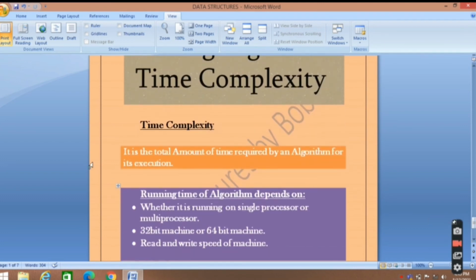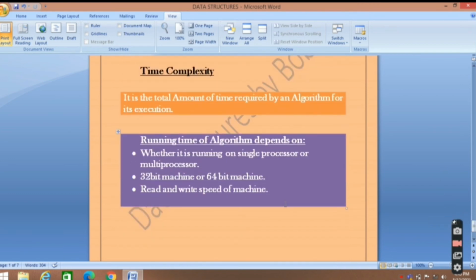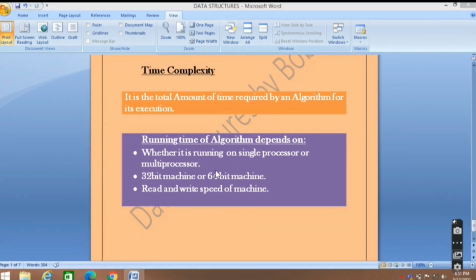Every algorithm's running time depends on the following things. They are whether it is running on a single processor or multiprocessor. We already know that a single processor cannot do multiple tasks at a time. Multiple processors can perform multiple tasks at a time.